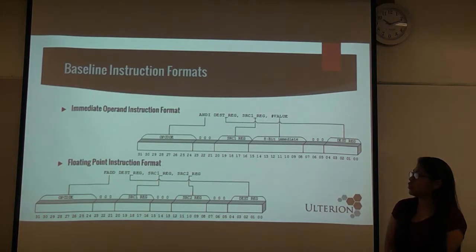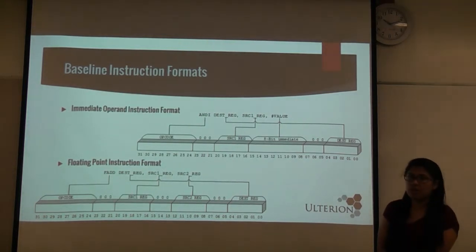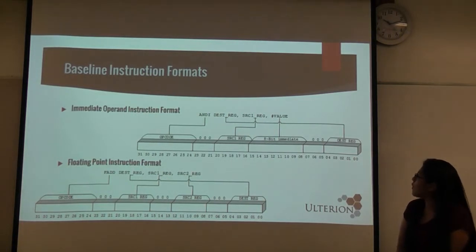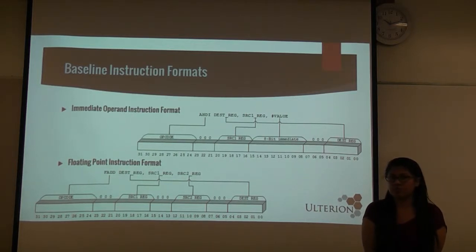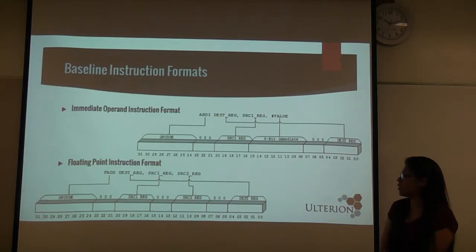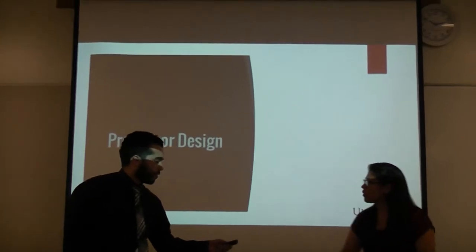Immediate operand instructions, we use the destination, source 1, and an 8-bit immediate value, as well as our destination register. For our floating point instruction, we use both source 1 and source 2, as well as our destination register.